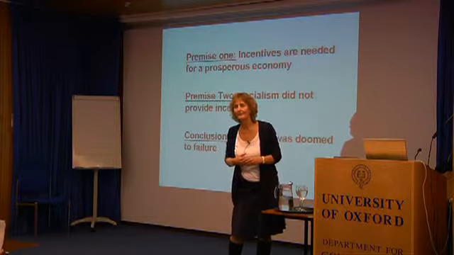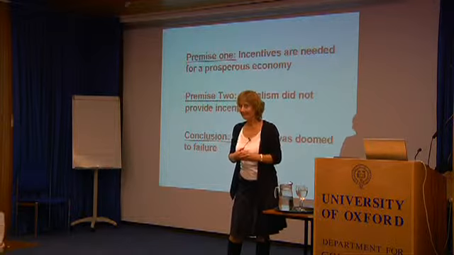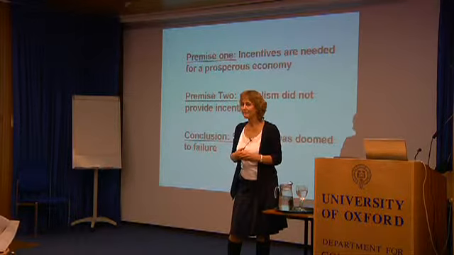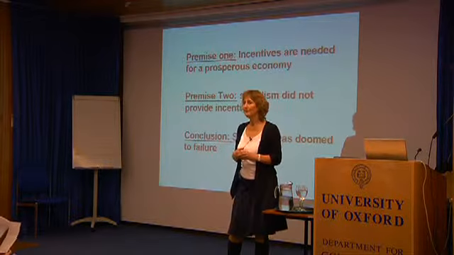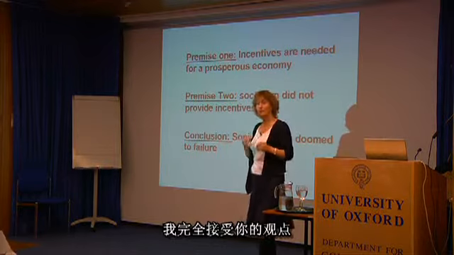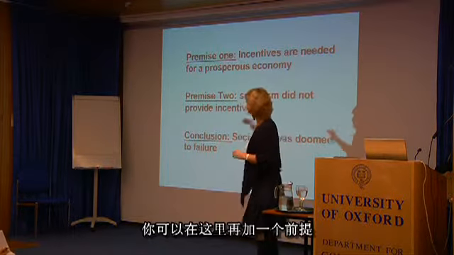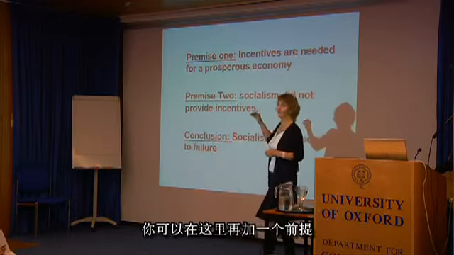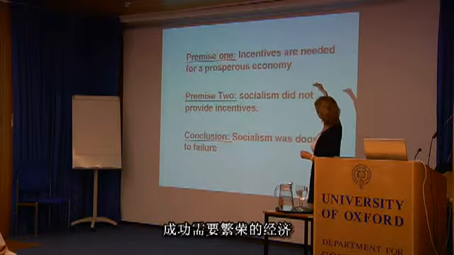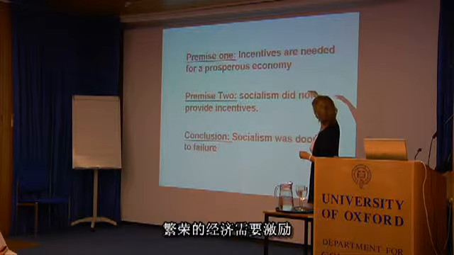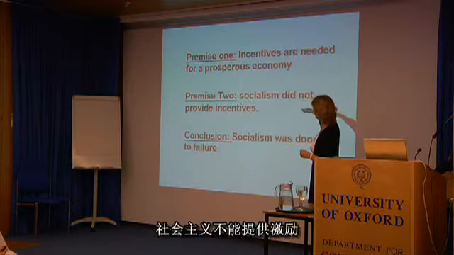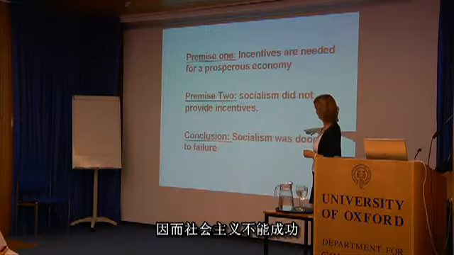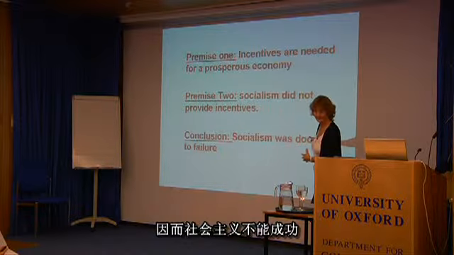That's a substantive point, actually, because not everybody would equate a prosperous economy as being a must-have. I completely accept your point. I think you could easily add another premise in there, and you could say prosperous economies are needed for success, incentives are needed for prosperous economies, socialism did not provide incentives, therefore socialism was not a success, or something.